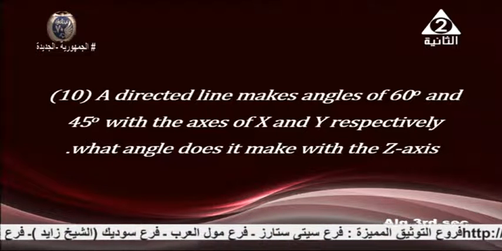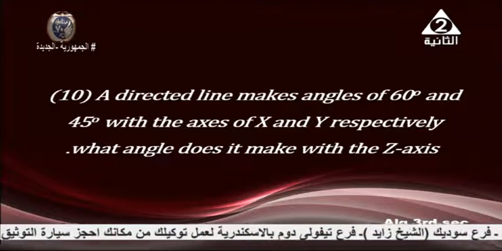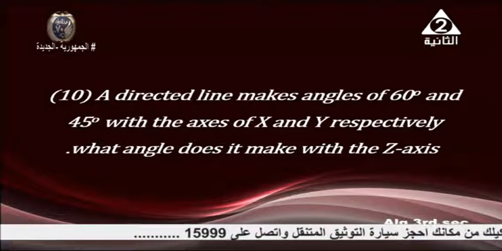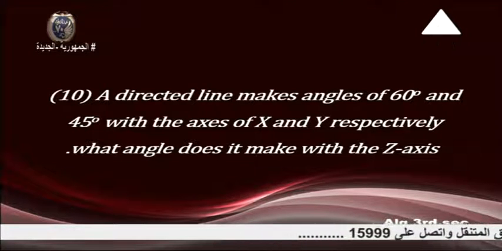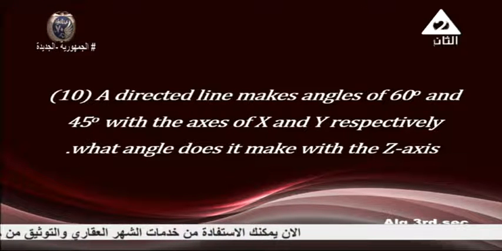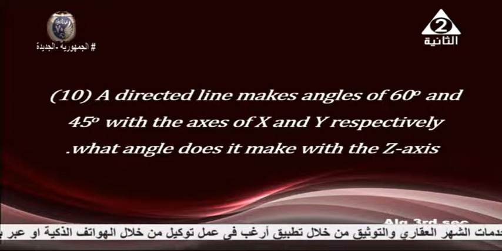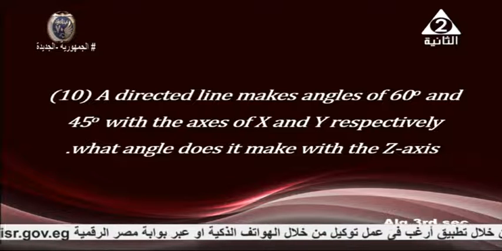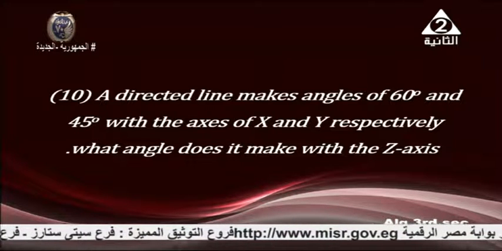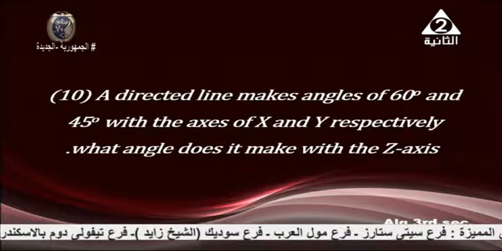A directed line or vector makes three angles with the x-axis, y-axis, and z-axis. In this case, the vector is inclined 60 degrees with the x-axis and 45 degrees with the y-axis. What is the inclination angle of this vector with the z-axis?